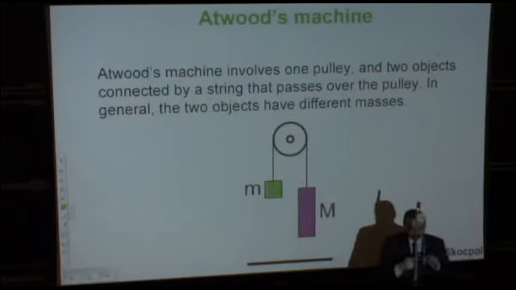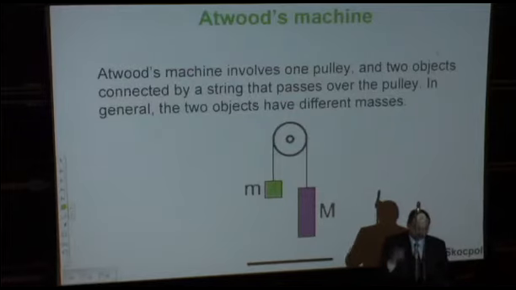So 100 grams, 100 grams. Of course, the system is in equilibrium. It doesn't matter which is higher, which is lower, doesn't matter. The tension here is equal to mg, here the tension is equal to mg, same m, nothing is different.